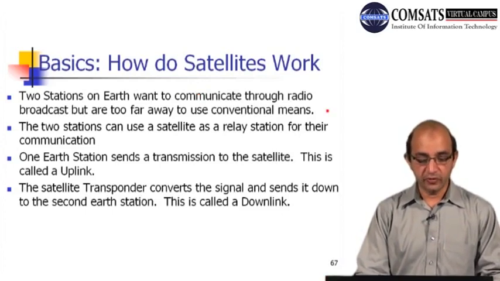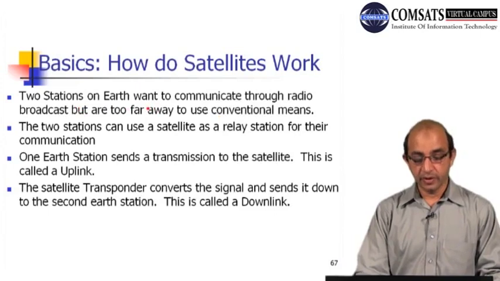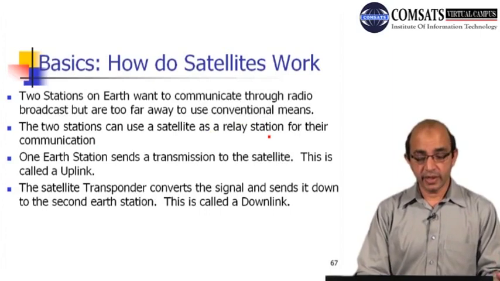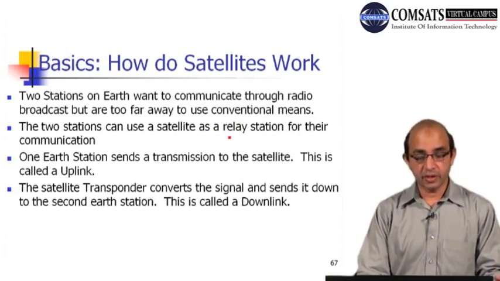So this is the way we use satellite communication. Two stations on the earth want to communicate through radio broadcast, but they are too far apart, not within reach or line of sight. They can use a satellite as a relay. The satellite we have launched can use a transponder as a relay station for their communication.